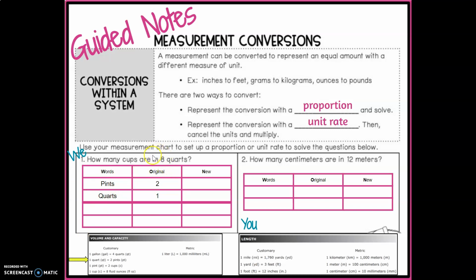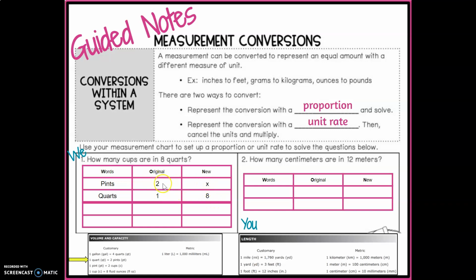I then go up here and I need 8 quarts. So I need to make sure I put the 8 on the quarts line. Now what I need to find out is how many pints I need if I have 8 quarts. I'm going to cross multiply my numbers. So 2 times 8, 1x equals 2 times 8.